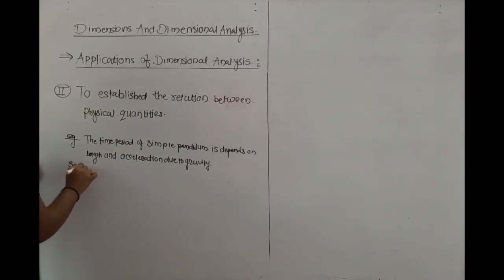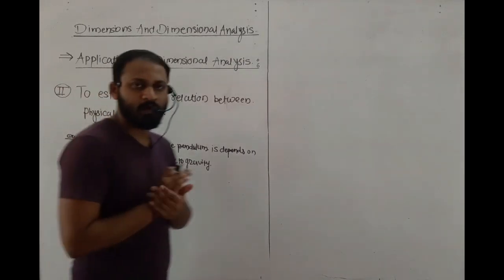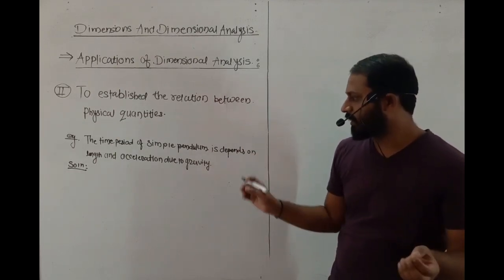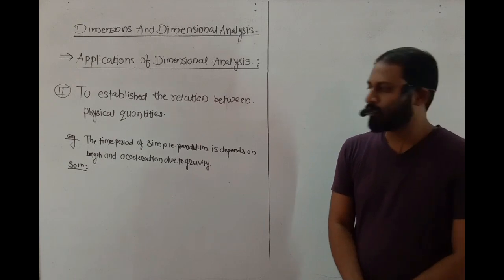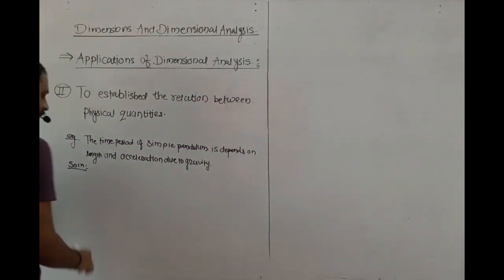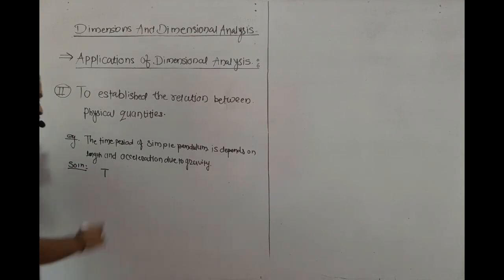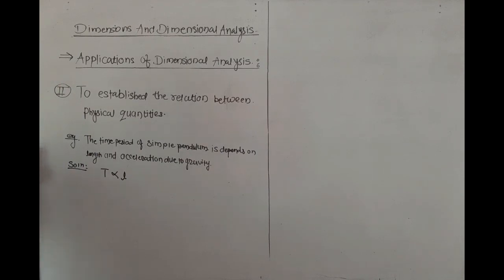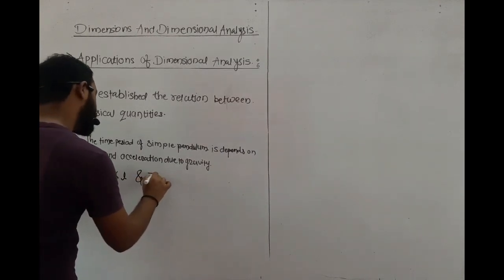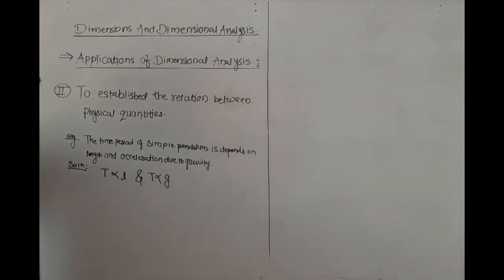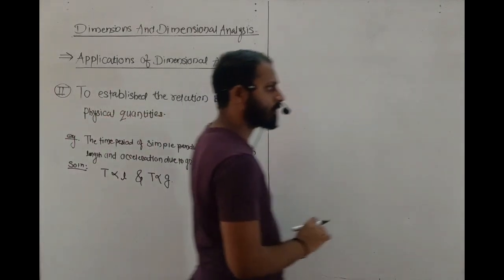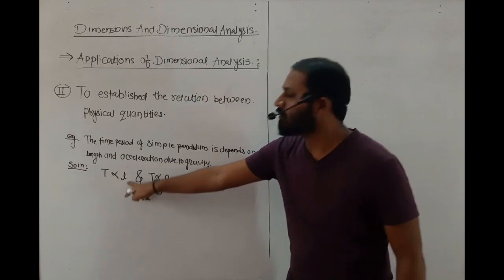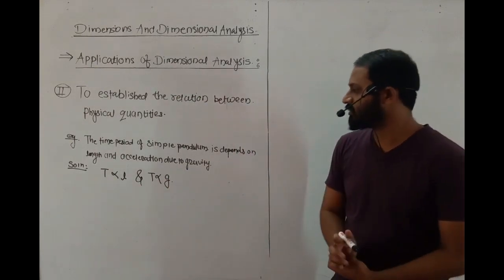Solution: what they have given is that the time period of a simple pendulum depends on length and acceleration due to gravity. Time period is denoted by capital T, it depends on length and on acceleration due to gravity. They have given this much information.